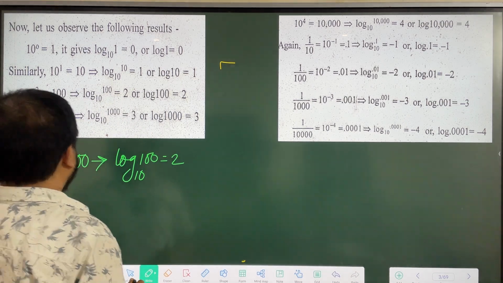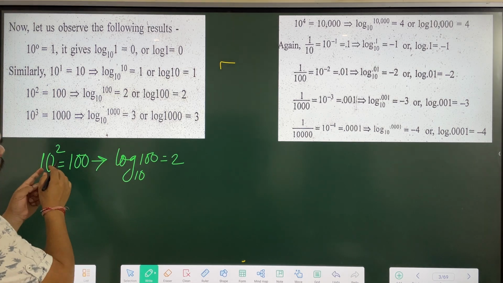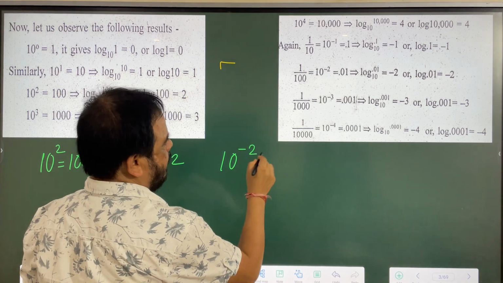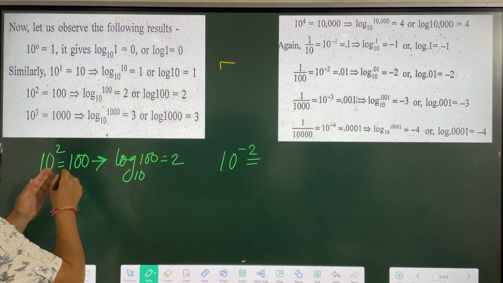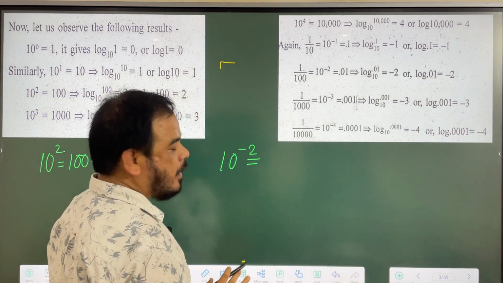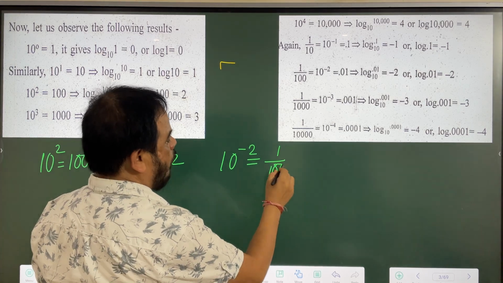Here you see, 10 squared equals 100, but 10 to the power minus 2 is not 100. 10 to the power minus 2 is 1 by 100. How?